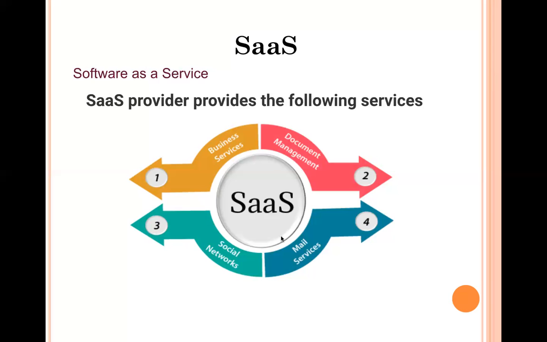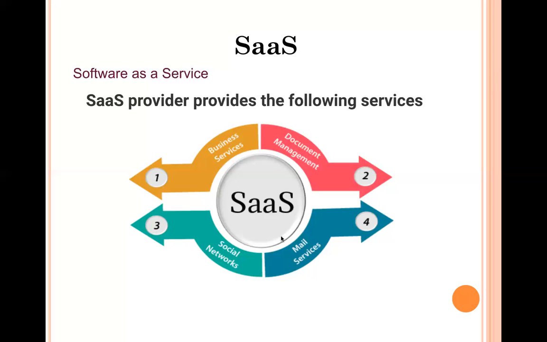Its examples are Slack, Same Page, Box. Now social networks. The social network sites are used by the general public. There are different social networking sites like Facebook, Google, Twitter, etc.